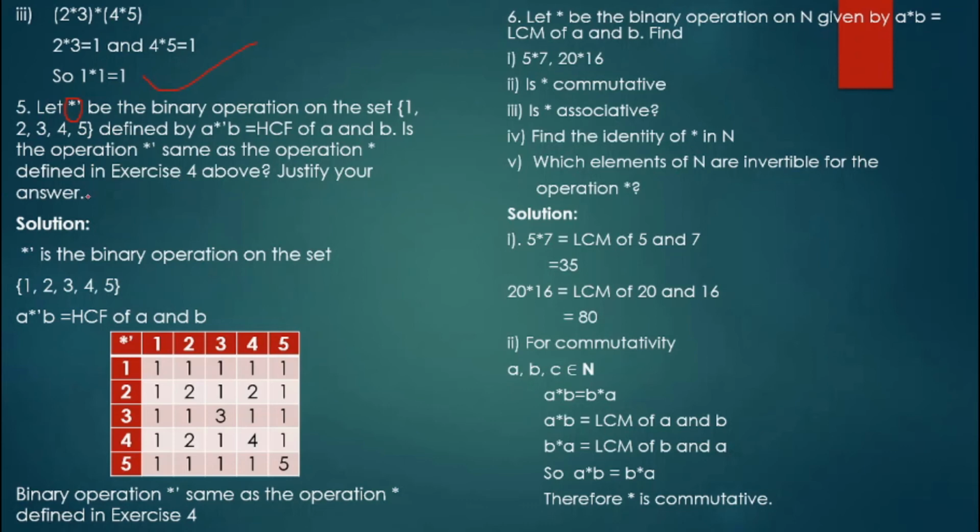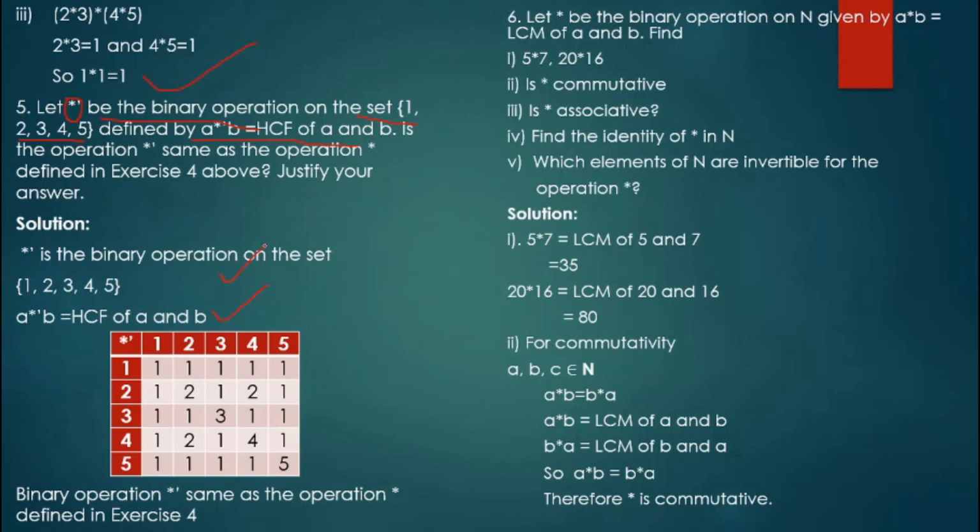Justify your answer. So what is the given? Star dash is a binary operation on the finite set {1, 2, 3, 4, 5}, defined by A star dash B equal to HCF of A and B. So here we have written the given.